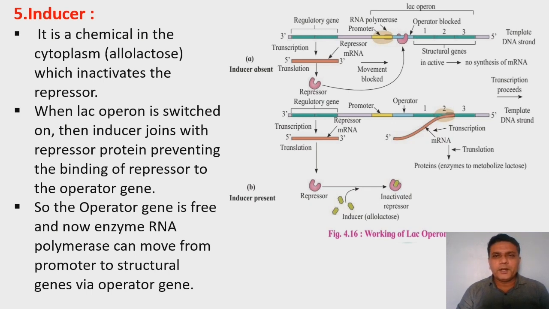That means this inducer binds to the repressor protein and helps in switching on the operator, and then this operator will further carry out the process of transcription with the help of structural genes and three different enzymes necessary for lactose metabolism are produced. Now in our next session we are going to learn regarding the role of lactose in the process of lactose metabolism.